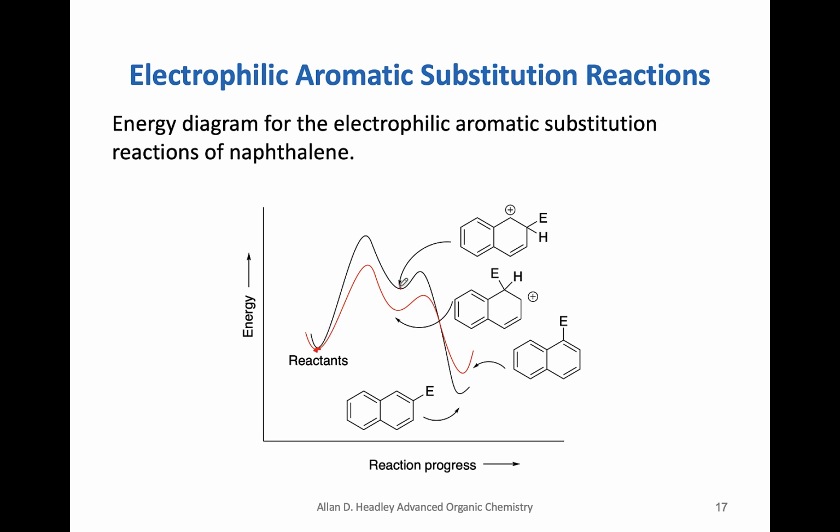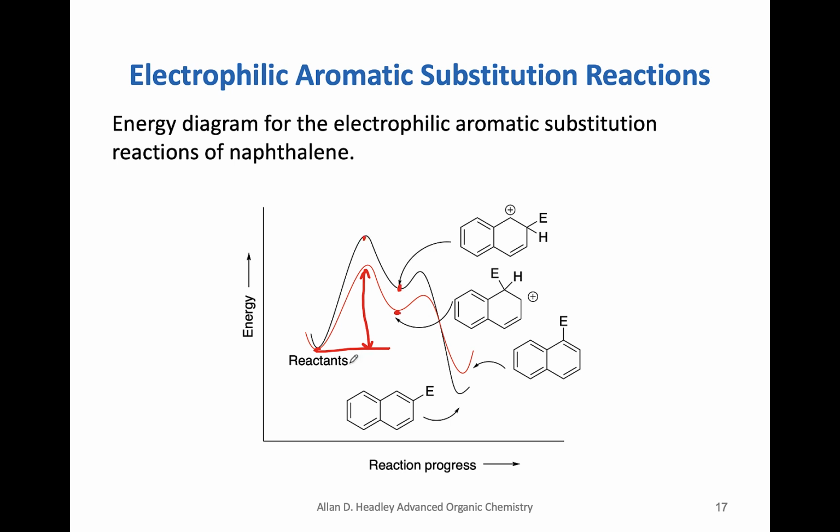But one here is less stable and the other one is more stable. So as you can see here, the energy of activation in the RDS to form the more stable intermediate is less. It requires less energy than forming this one here.